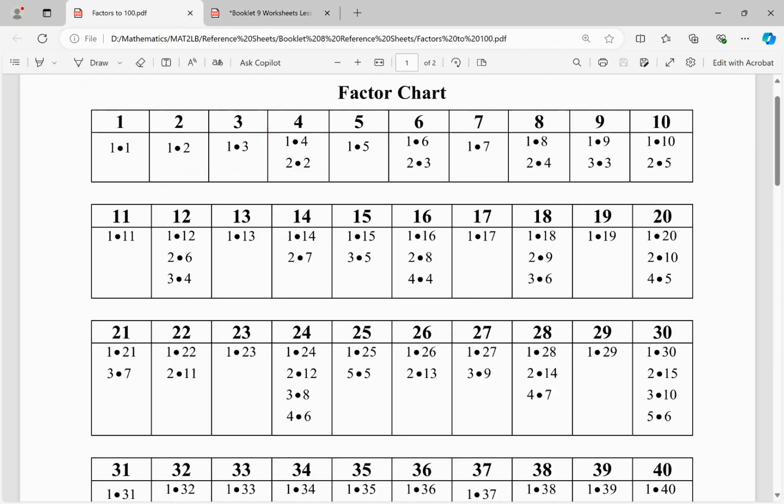So our two numbers are 6 and 30. Here is 6 on our factor chart. Here is 30. And they both have a number of factors in common. They both have a 1, they both have a 2, they both have a 3, and they both have a 6. Their greatest common factor, however, is going to be 6.